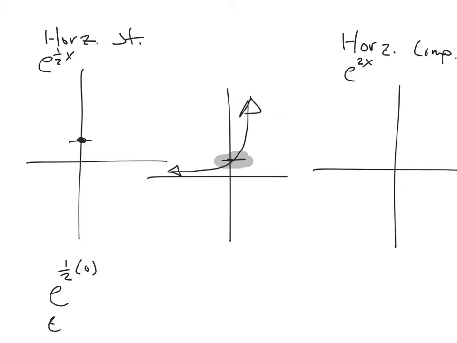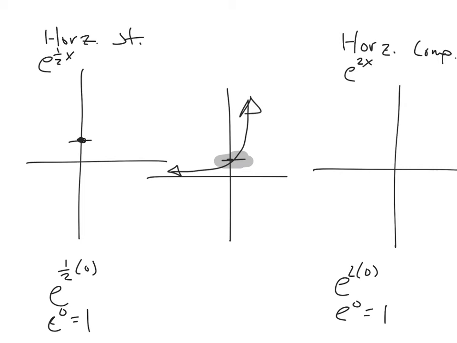That's still e to the 0, so that's still 1. And if you did e to the 2 times 0, that's e to the 0, which is still 1 as well. So as you can see, the horizontal compression doesn't do the shifting part, okay? It doesn't move the graph up or appear to move it up, okay?